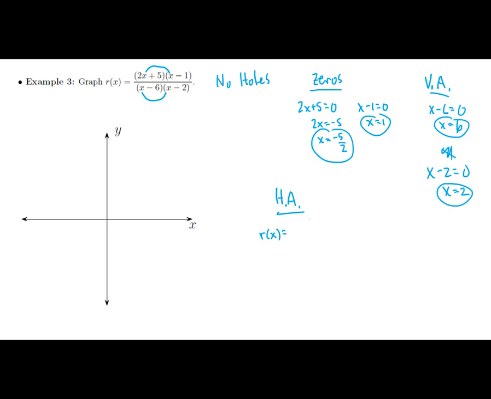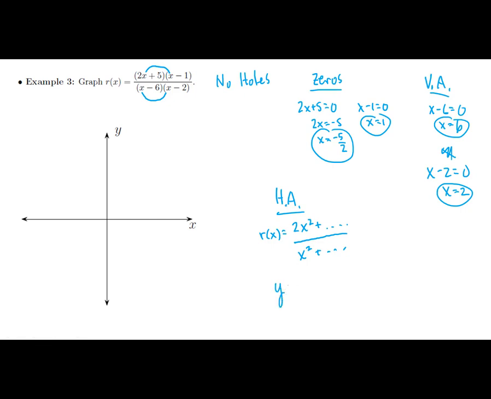So I'm just going to be lazy here, and I'm going to say this function we're looking at is 2x squared plus stuff on top and x squared plus stuff on bottom, so that I can really just see, okay, here are my highest degree terms. They are all that matter.